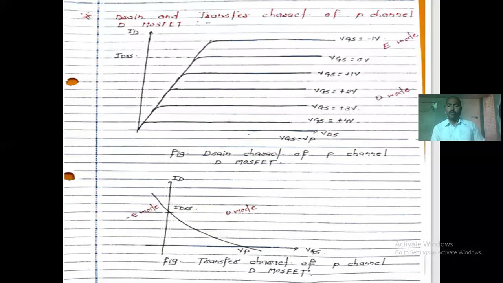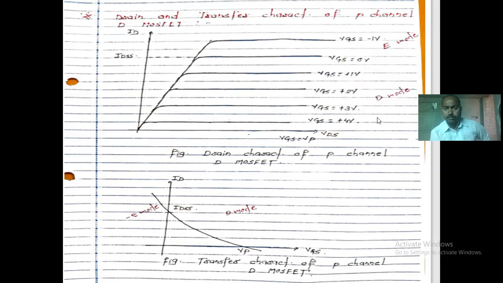In this case, there is no requirement of negative voltage for these devices. When we apply negative voltage to the P channel, more current flows through this device. Why? Because due to the application of negative voltage, more and more electrons and holes recombine.